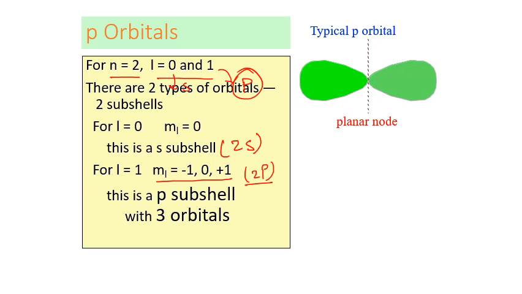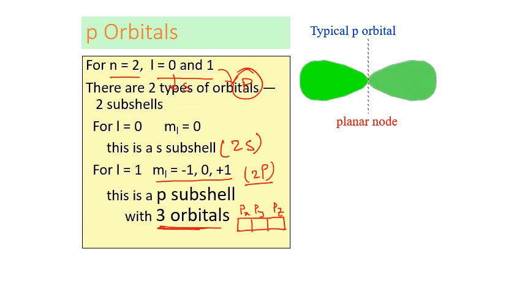Now this is a p subshell. The shell is basically the principal quantum number, and under that there are 3 p orbitals in the p subshell, and these orbitals basically accommodate the electrons. So for the p orbital, these are px, py, pz.